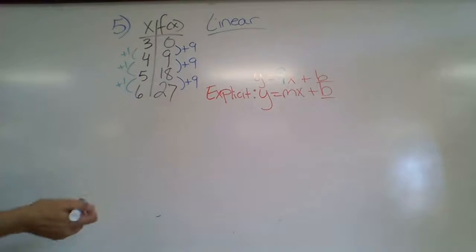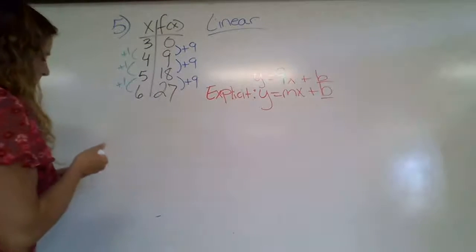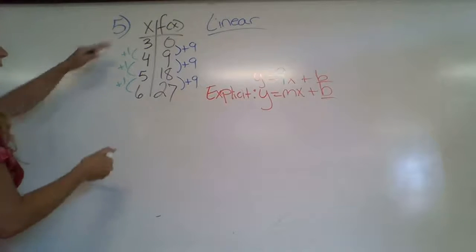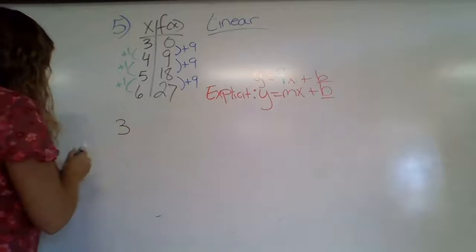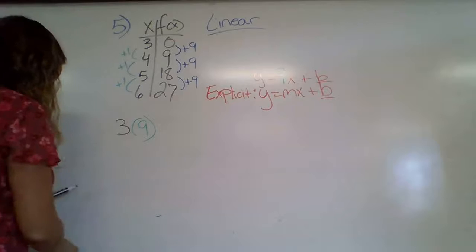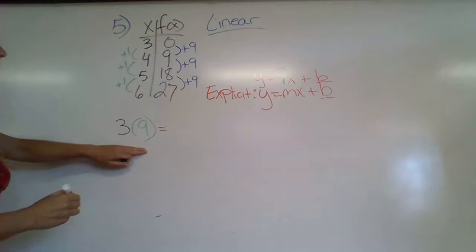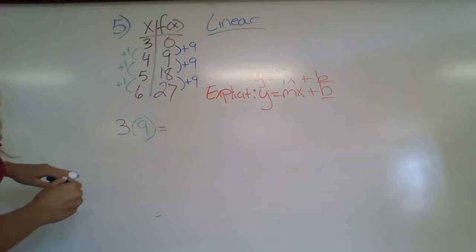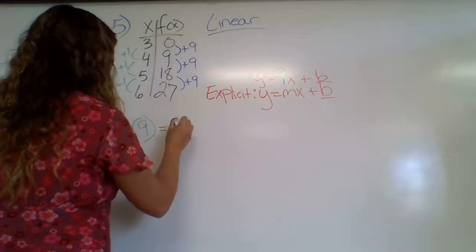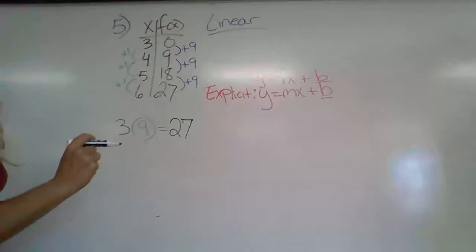So remember, you can always take your x value, so 3. Oh, I need green, huh? Keep my slope the same color. So I'm going to take 3. I'm going to multiply it by my slope, which is 9. And that equals 3 times 9 is 27. Sorry, I didn't do these problems ahead of time, so I'm making sure I'm not making a mistake.